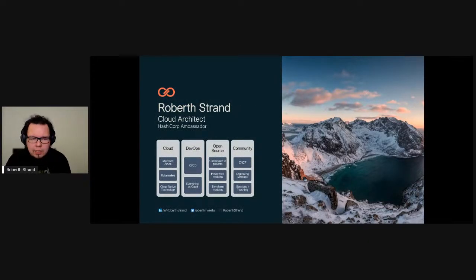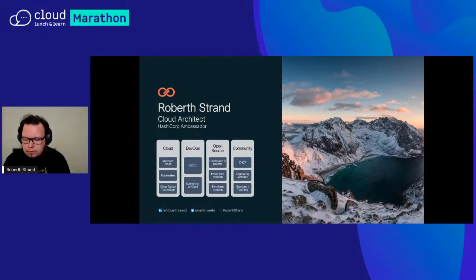Like I said, my name is Robert, and I work as a cloud architect at Crayon here in Oslo, Norway. I am a HashiCorp ambassador for my work with Terraform, and I'm trying to be as active as possible with community things. So I'm doing these talks. I am the founder of the Norwegian PowerShell user group, so I do that as well.